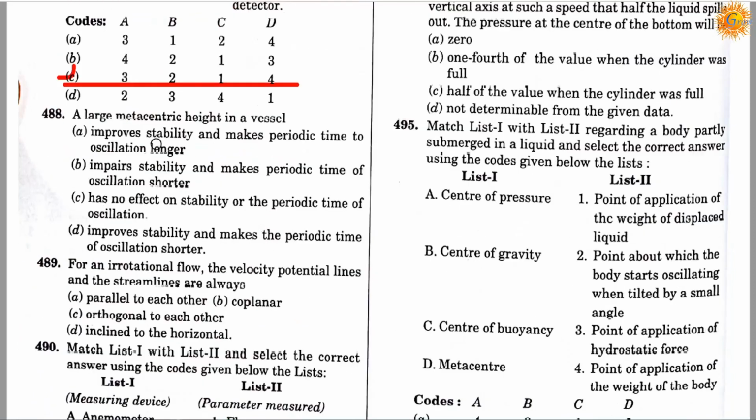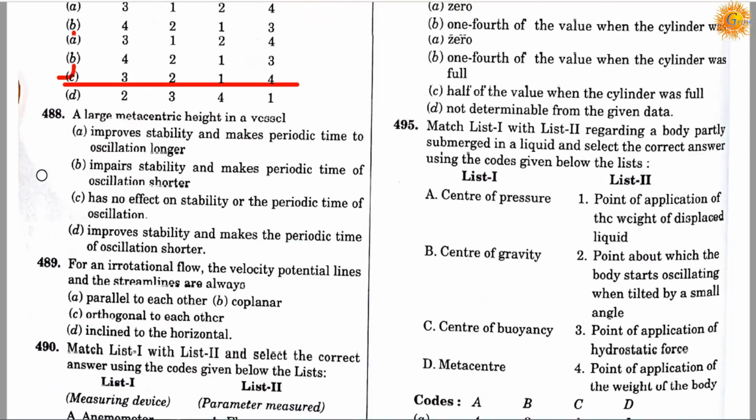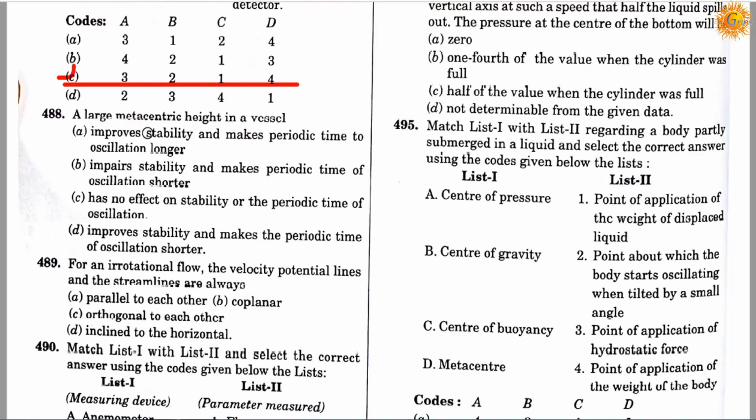Okay. Question number 488. A large metacentric height in a vessel: Option A, improves the stability and makes the periodic time of oscillation longer. Option B, impairs stability and makes the periodic time of oscillation shorter.